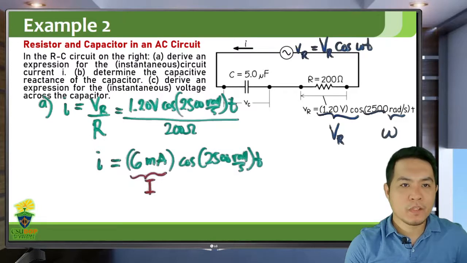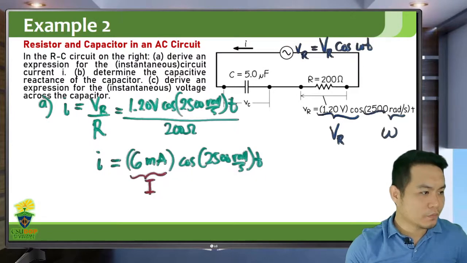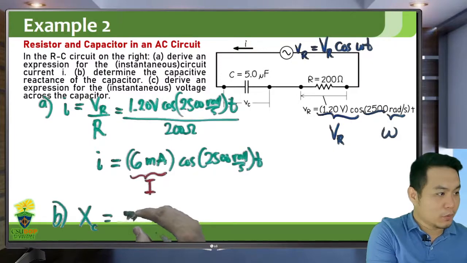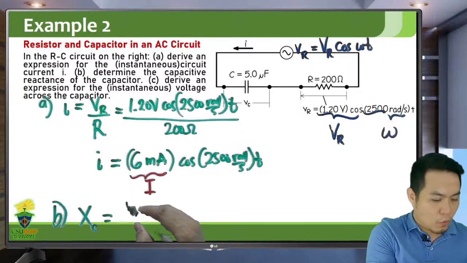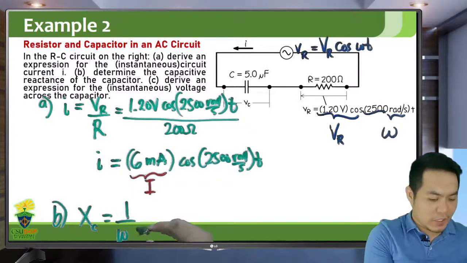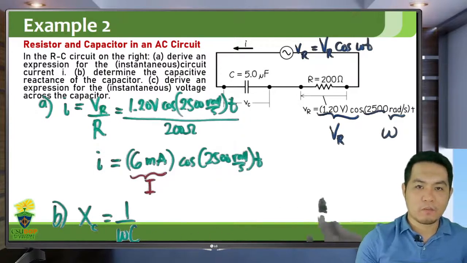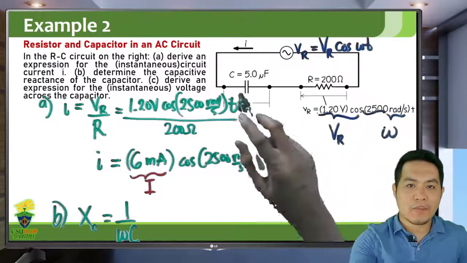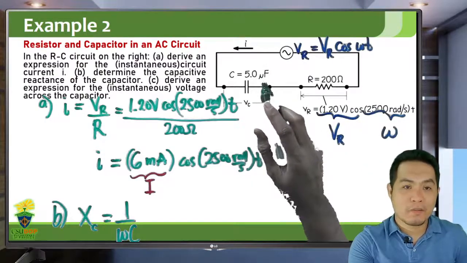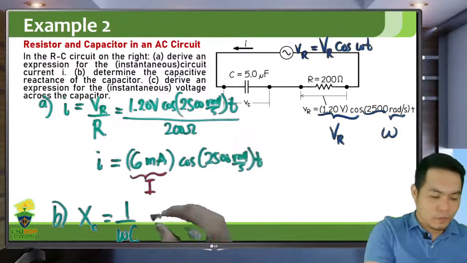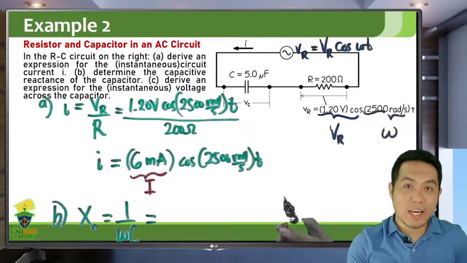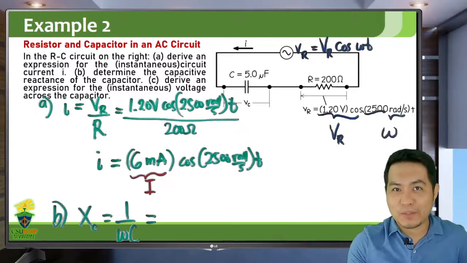Okay. So determine the capacitive reactance of the capacitor. So XC is just equal to 1 over the angular frequency times the capacitance. So we are given both. Omega is 2500 radians per second. The capacitance is 5 times 10 to the negative 6 farad. So you just drop the unit radians. When you're going outside of the angular frequency space, you drop the radians unit.